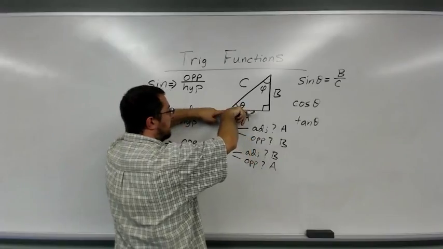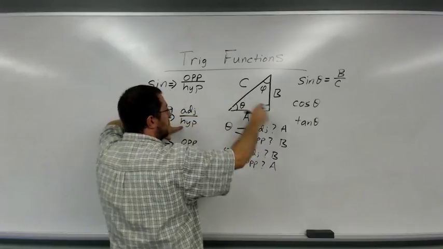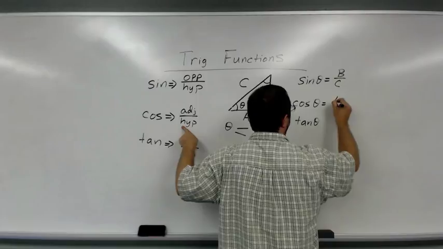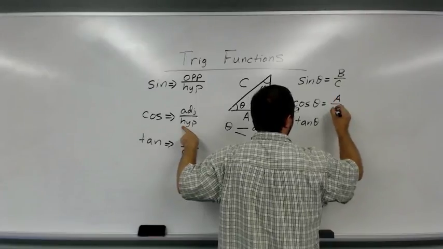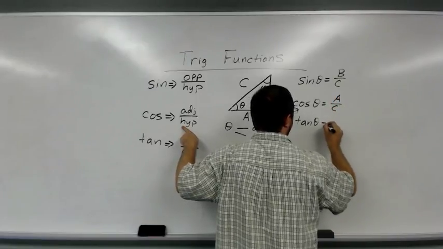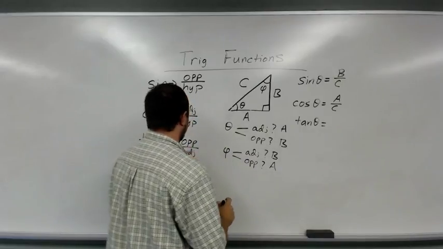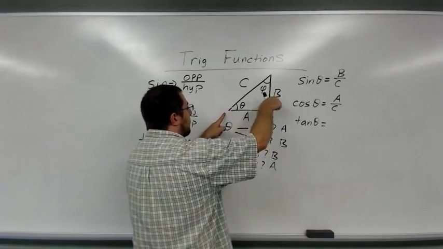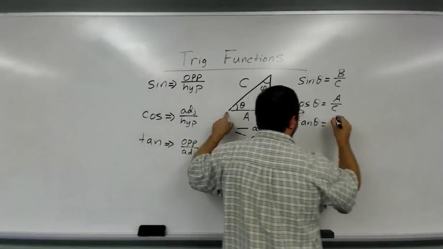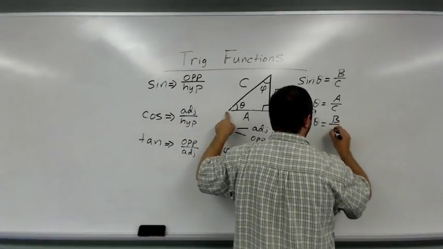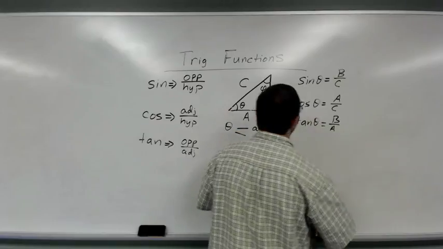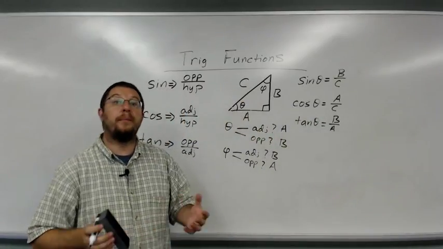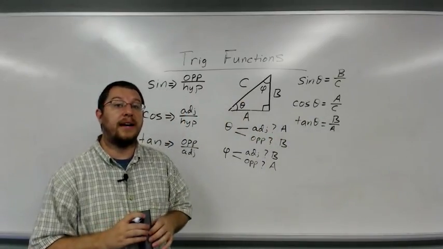Cosine of theta is adjacent over hypotenuse, so it's going to be side A over the side C. Right? And tangent is opposite over adjacent, so my opposite side is B, my adjacent side is A, so this is going to be B over A. Now, what about the angle phi?